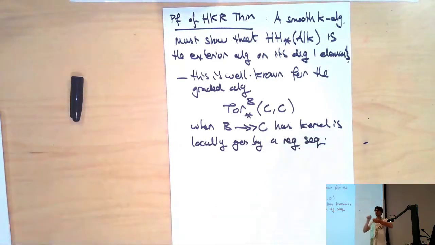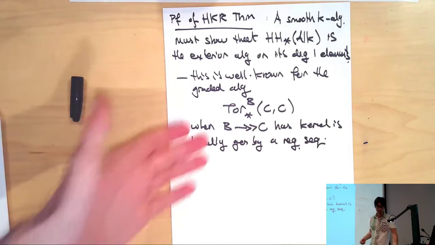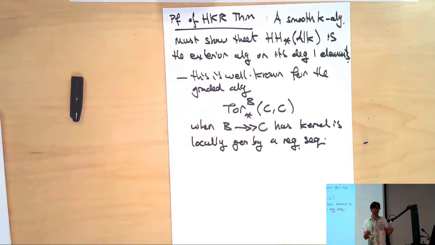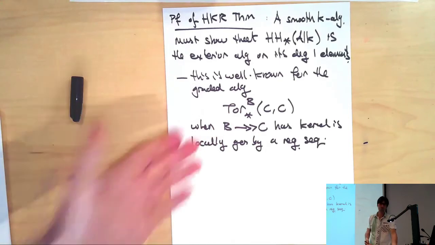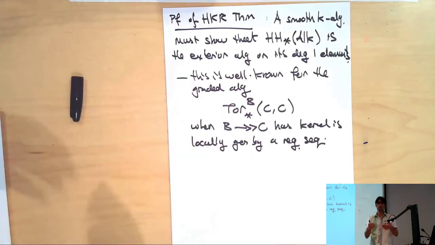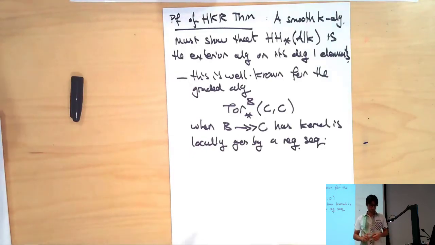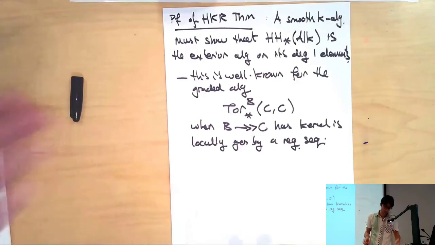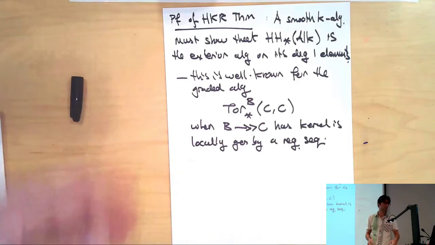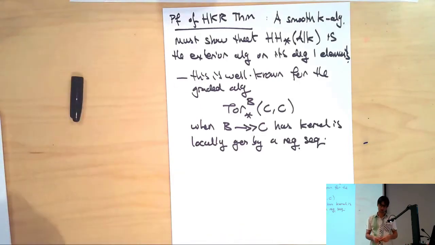So if you have some surjection of commutative rings and the kernel is locally generated by a regular sequence, or let's say in fact it's generated by a regular sequence, then you can calculate this sort of Tor using some explicit Koszul complex, and you'll just read off from that in fact the Tor groups are just the wedge algebra generated by the Tor one. So as I say, some reasonably classical piece of homological algebra that just follows from this explicit Koszul complex calculation.